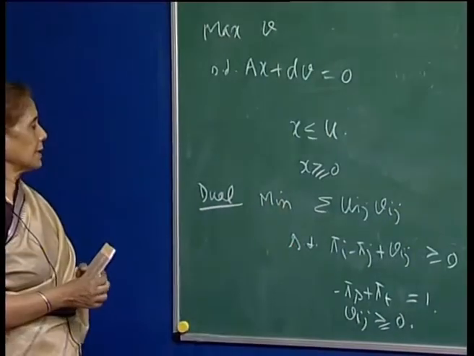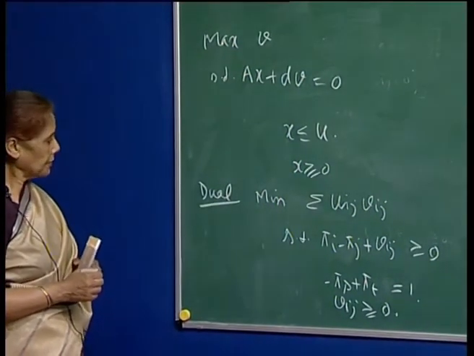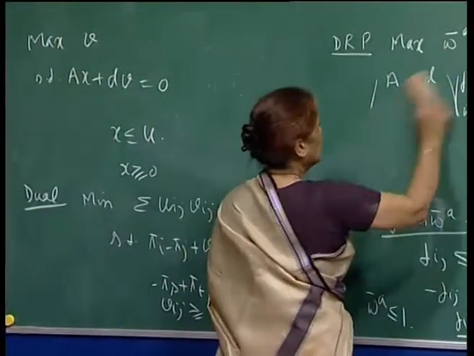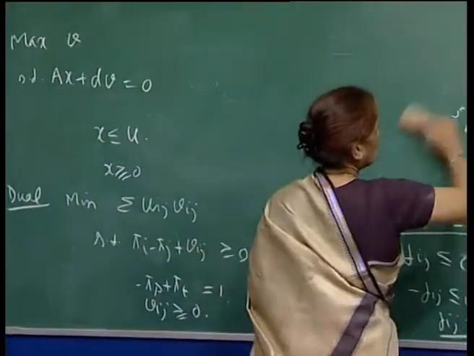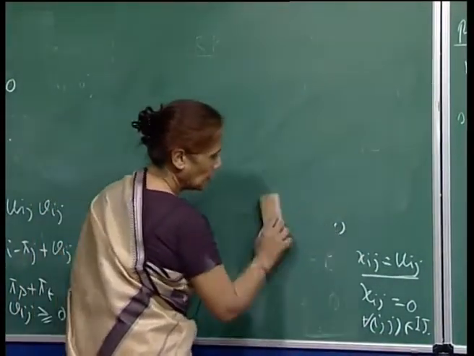Now I want to show you that a dual feasible solution can be looked upon as representing cuts. I introduced the idea of cuts, which is a partition of the node set.